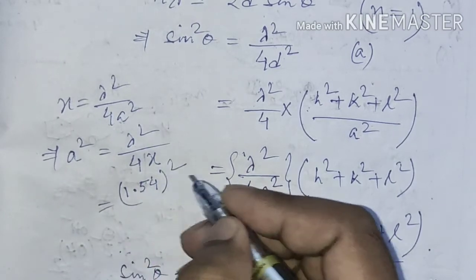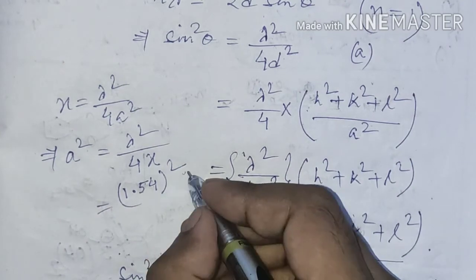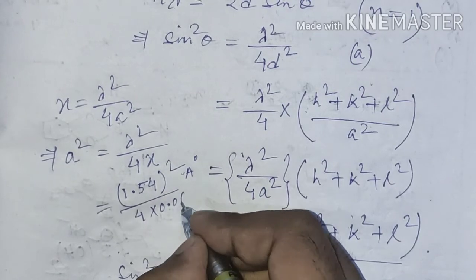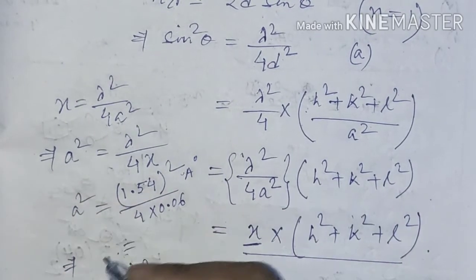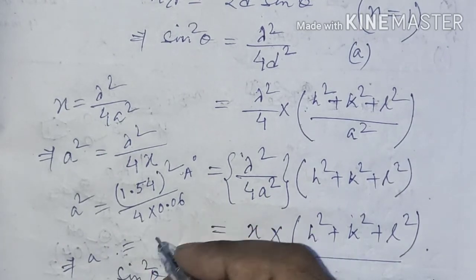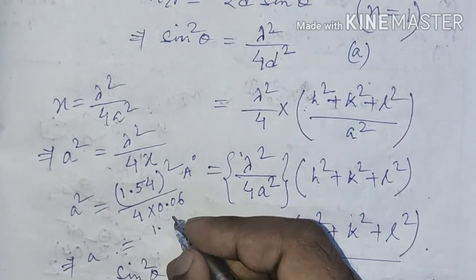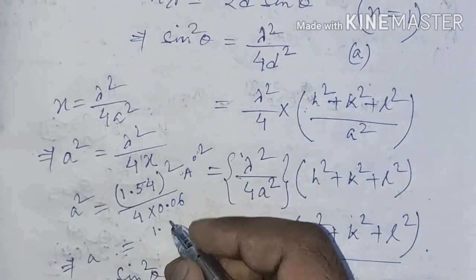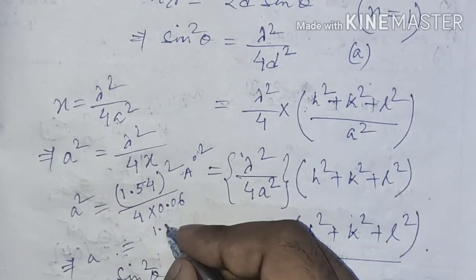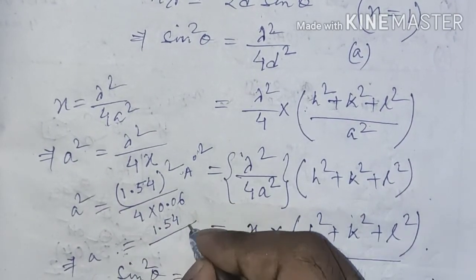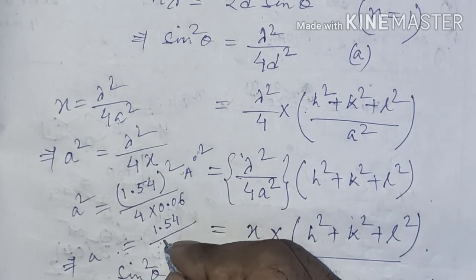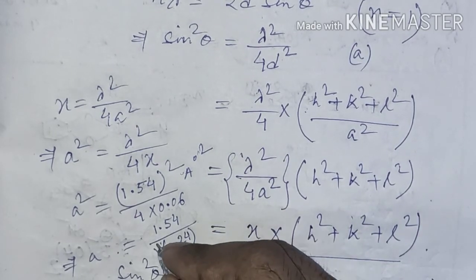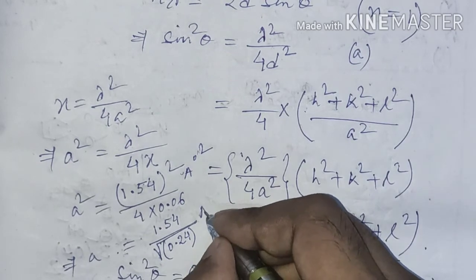So a will be the root of this term, that is 1.54 divided by root of 0.24, and the unit will be Armstrong.